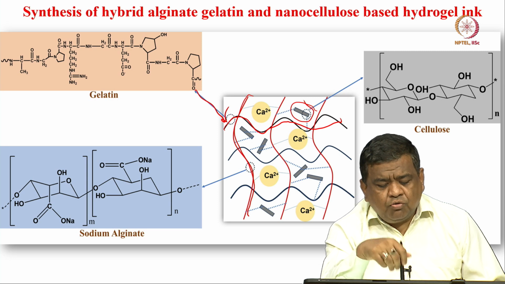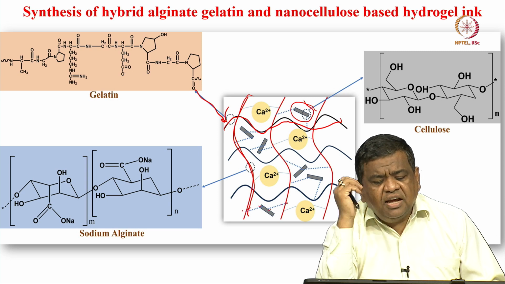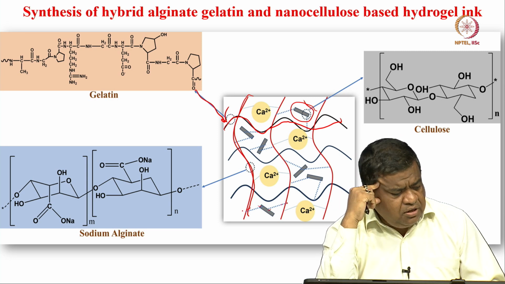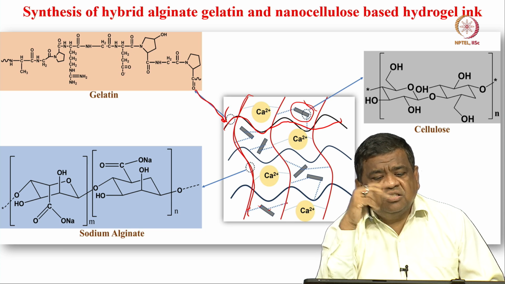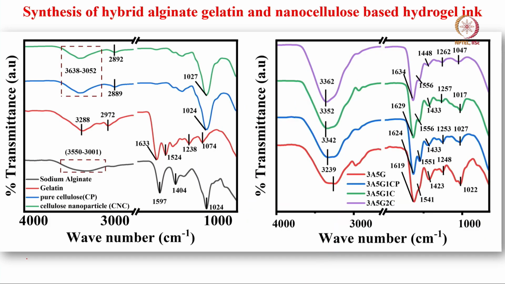That weaker dot indicates weaker bond formation, whereas the alginate and gelatin chains are intertwined.